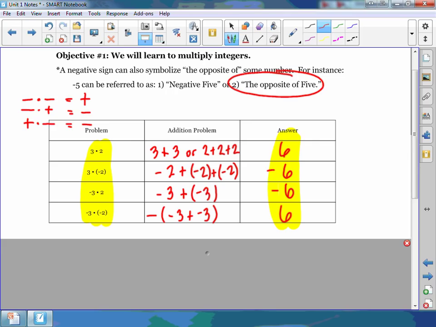So, what rule, method, when I multiply two integers? Hayden, what are you thinking? You could, yeah.